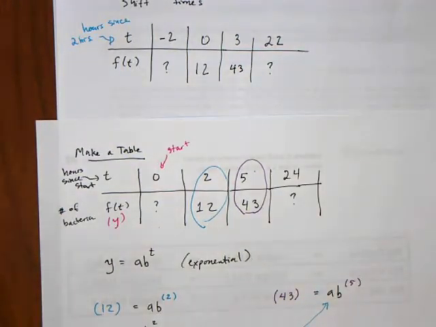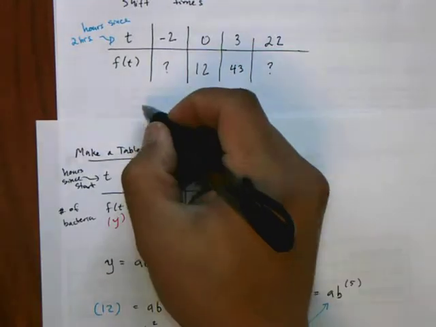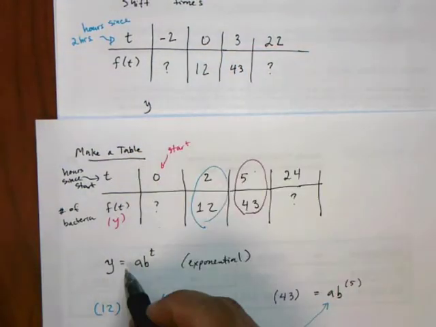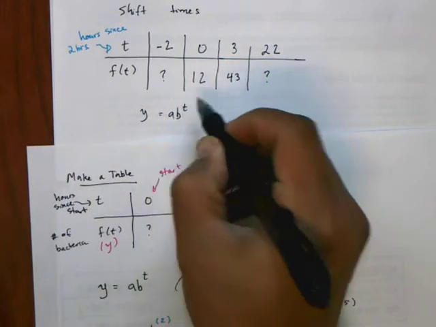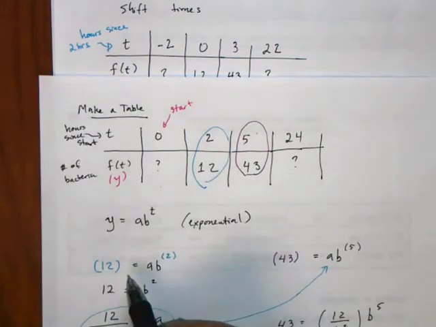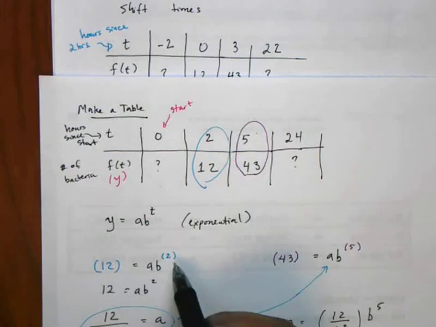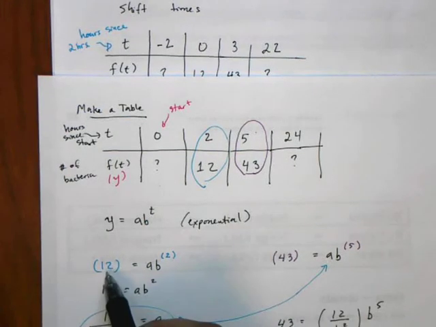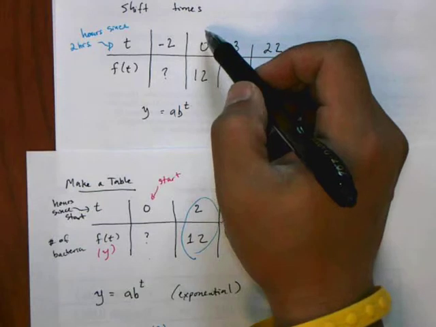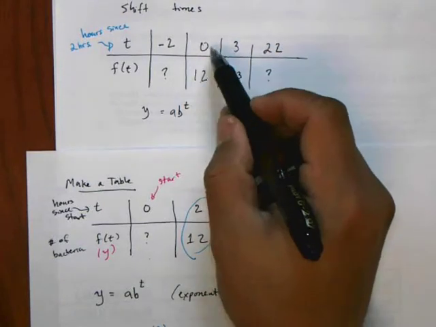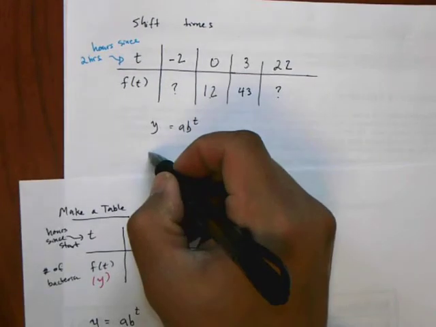Okay? And this may seem very awkward and unusual, but I'm going to repeat this problem the same way. Y equals A B to the T. And then I'm going to use this fact that when y is equal to 12, x is equal to 2. But under our new method, when y is equal to 12, x is equal to 0.